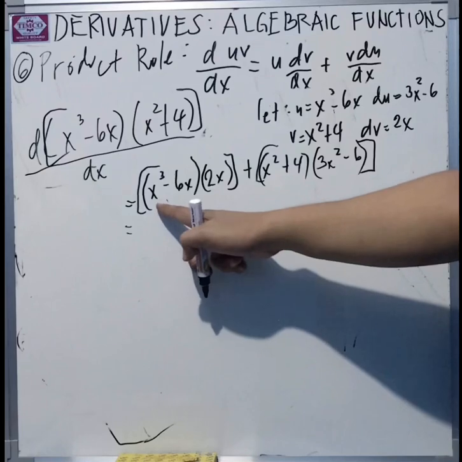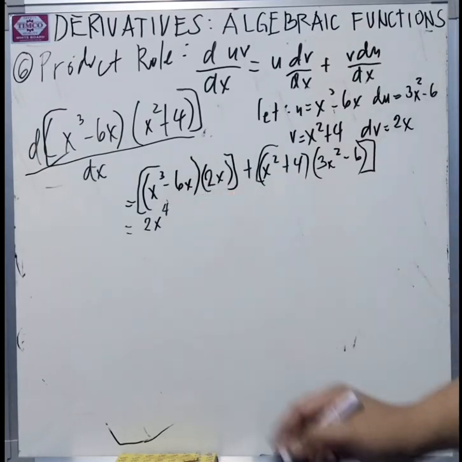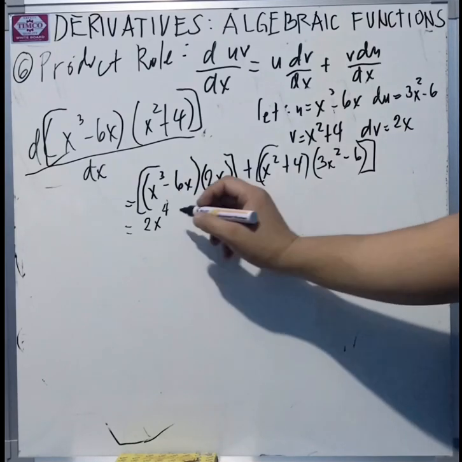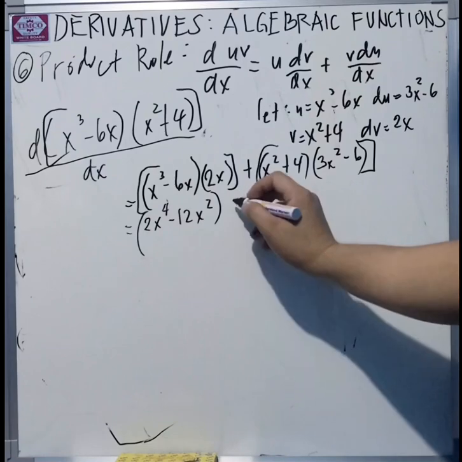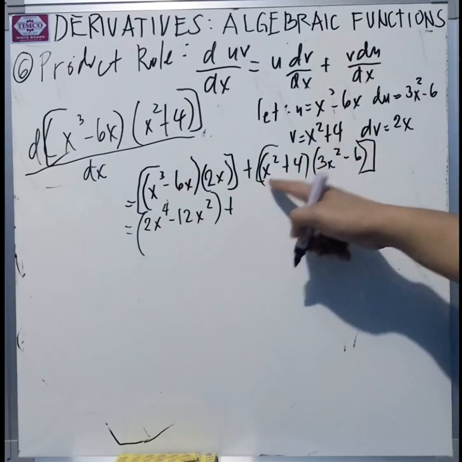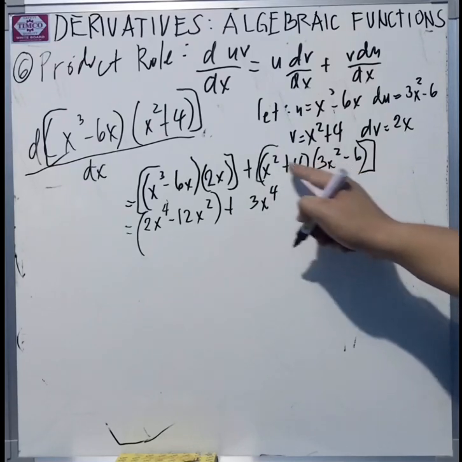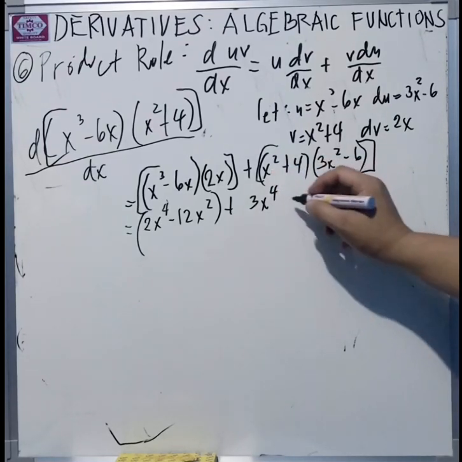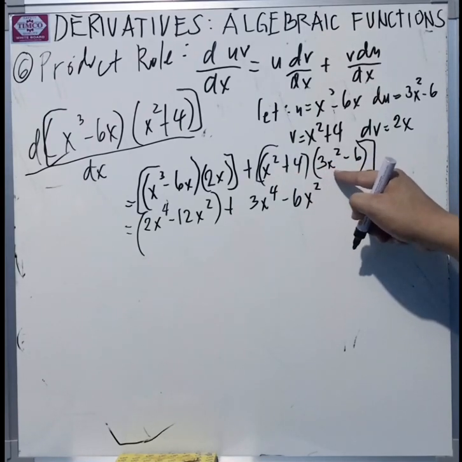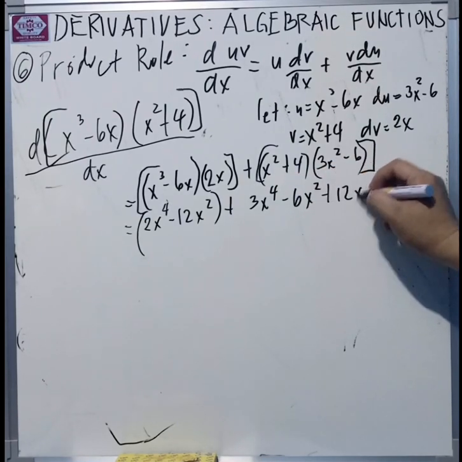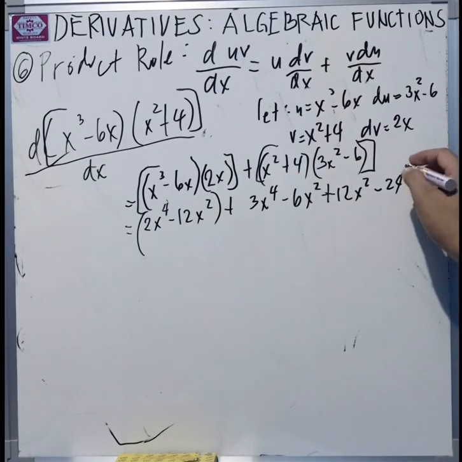We have x cubed times 2x, we have 2x to the 4th. Negative 6x times 2x, we have negative 12x squared. Plus, sa kapila naman, x squared times 3x squared, we have 3x to the 4th. X squared times negative 6, we have negative 6x squared. 4 times 3 times x squared plus 12x squared minus 24. So, ayan.